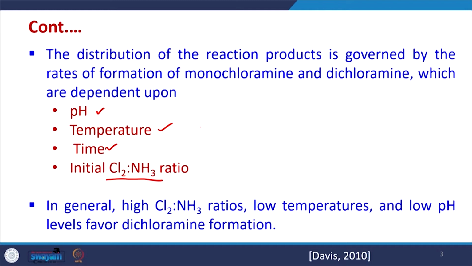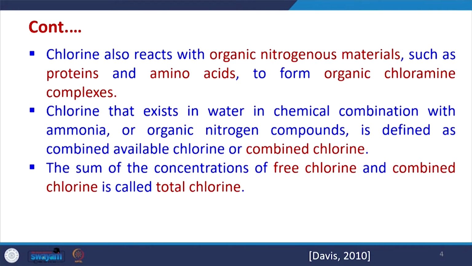In general, high chlorine to ammonia ratios, lower temperature and low pH will form more dichloramine. So, this is the general chemistry of that. We will not go into detail of this chemistry, but this is for understanding.